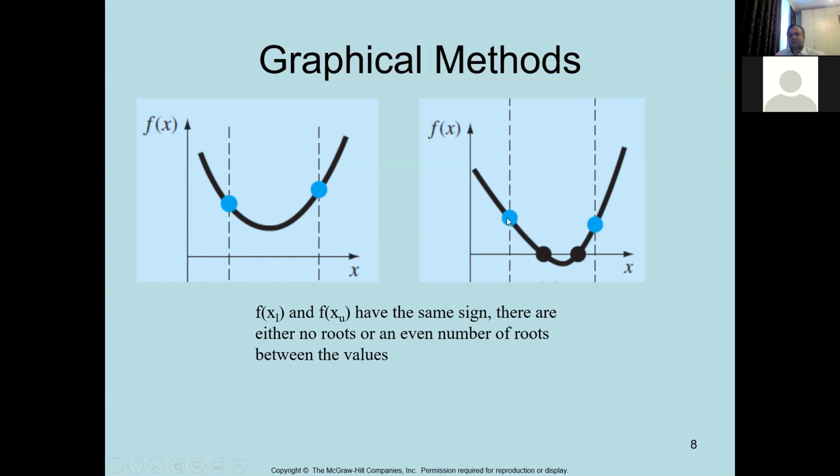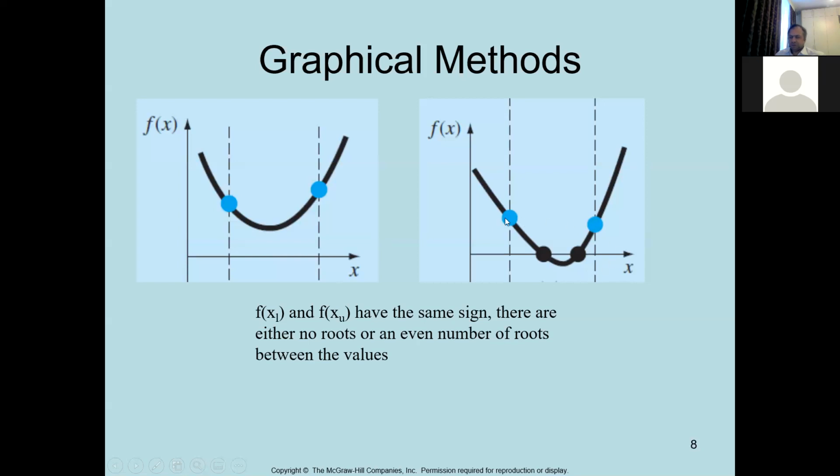So if the function has the same sign for two given values of x, then that function will have an even number of solutions. Even means either 0 or 2 or 4, like that. It cannot have an odd number, because if it did, the third point would be under the x-axis, and then the next point would have to be negative.